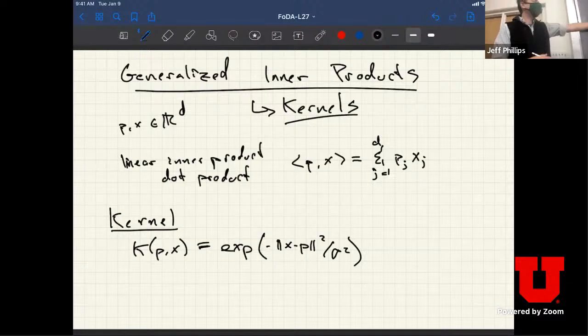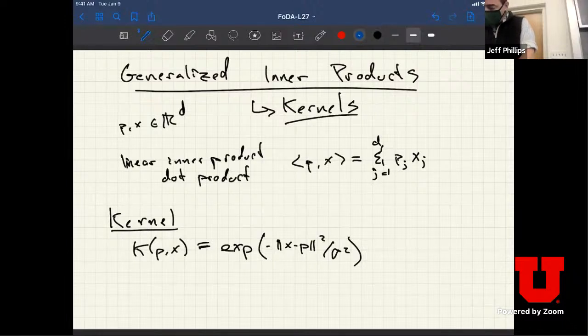This says two points are similar to each other not if the dot product is large, but if they're close in Euclidean distance. I have a measure of Euclidean distance in the middle here with the norm, and then I divide it by sigma squared. This gives us a sense of scale. All of these have some kind of parameter like sigma for scale.